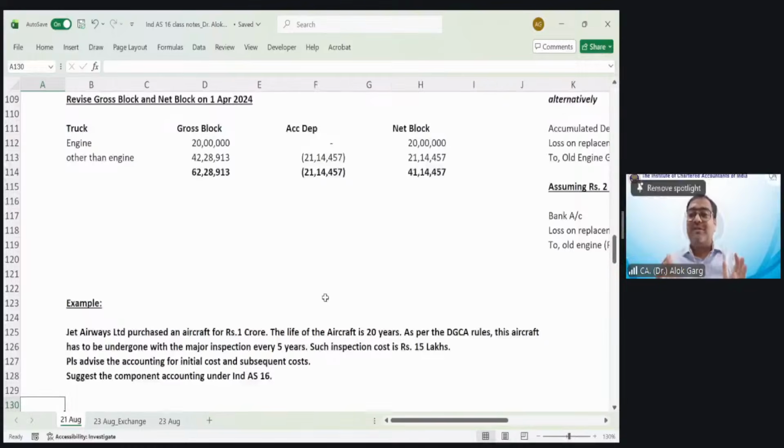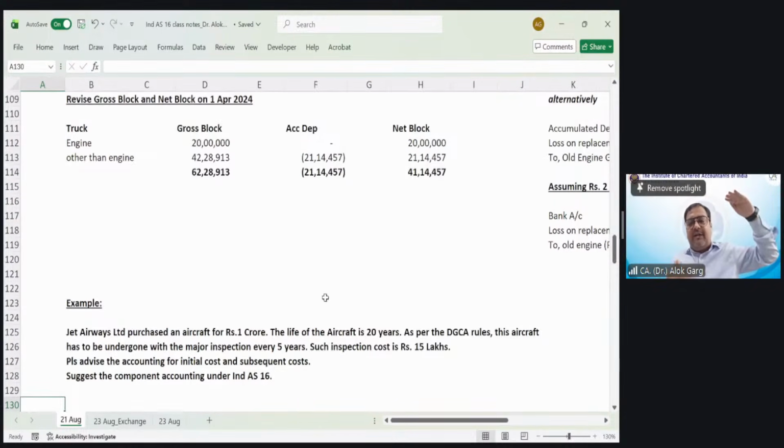Like you remember we discussed the engine, the aircraft and its components: 280 crore, 20 crore, and the 20 crore has to be depreciated over 5 years. When you are aware that the inspection cost is almost 10-15 crore and every 5 years I have to get it inspected, you will consider this as a separate component and depreciate it over 5 years so that the WDV becomes zero.